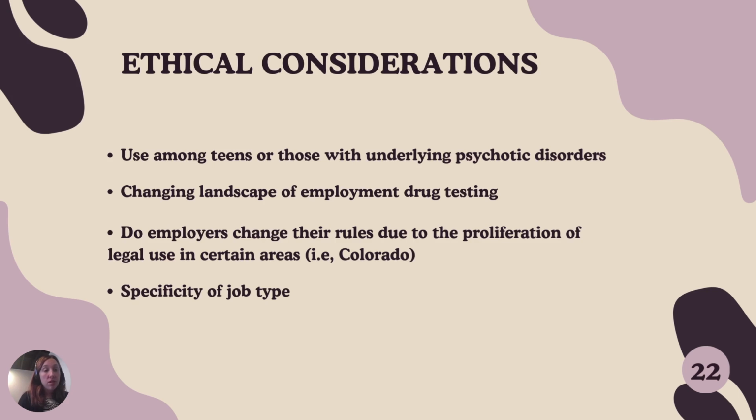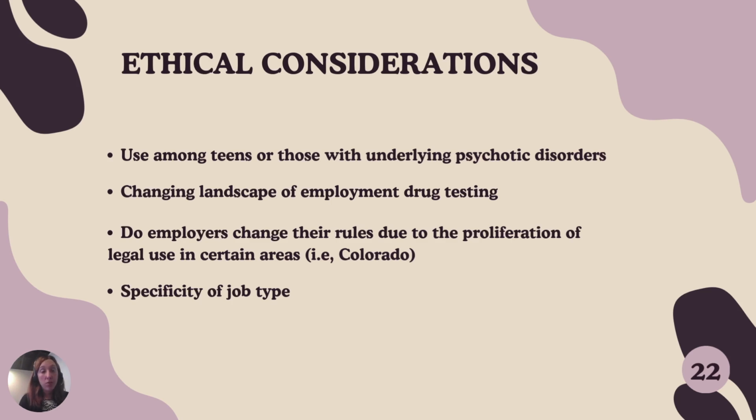I think none of these strategies are without ethical considerations, and we need to think about that. One of the main concerns I've come across, particularly in the psychiatric community with psychiatrists, is the use of cannabis among teens, particularly those who might have an underlying psychotic disorder. Keep in mind that underlying psychotic disorders tend to come out in the late teen, early twenties years.